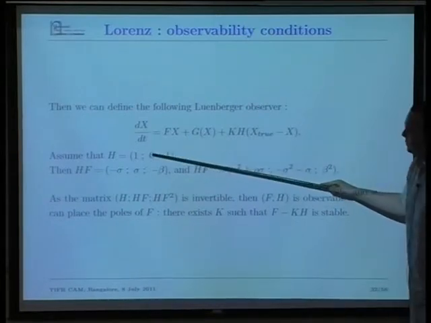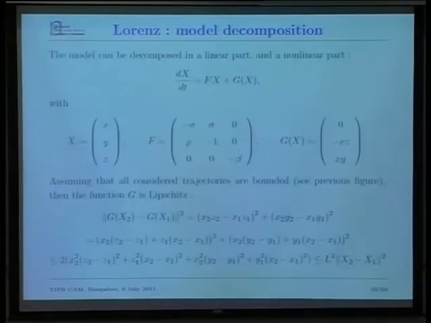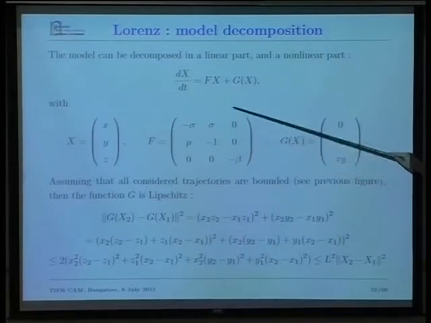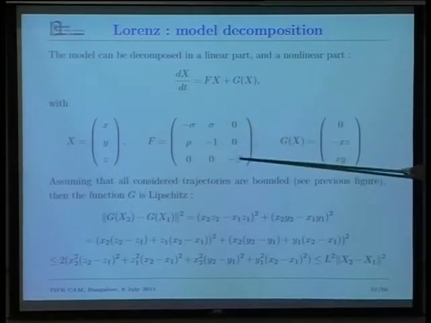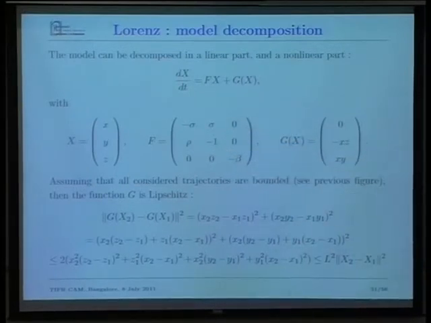I think that if you observe y and z, it's also the case. If you observe only x and y, it will not be the case because F has a particular structure, which is you have the block 2 by 2 here, and then this coefficient. So there is no coupling between x, y, and z. So you need at least z and x or y.